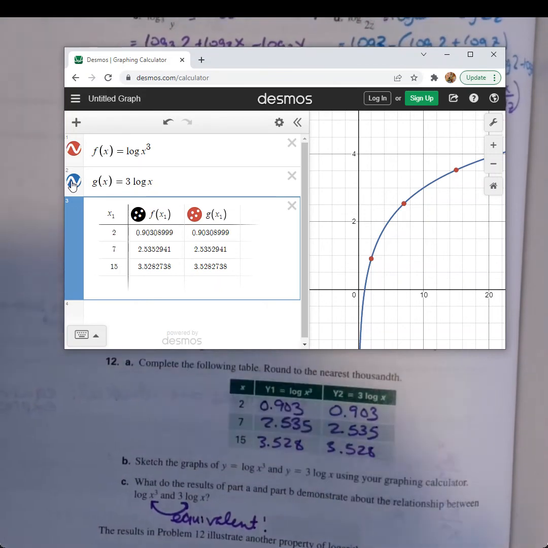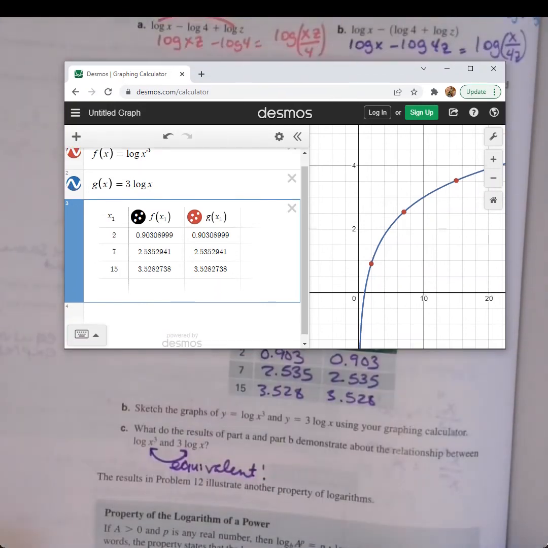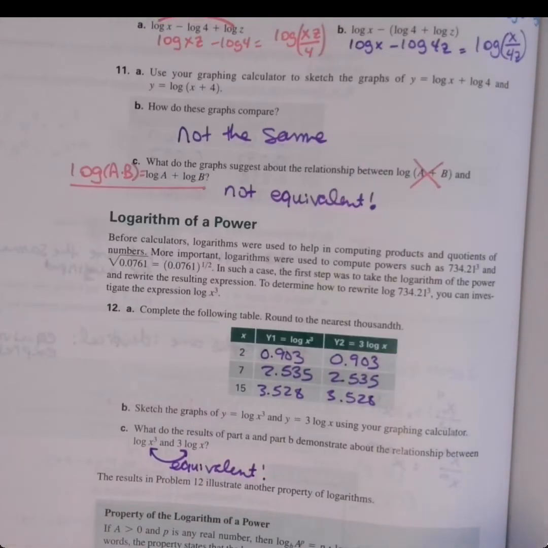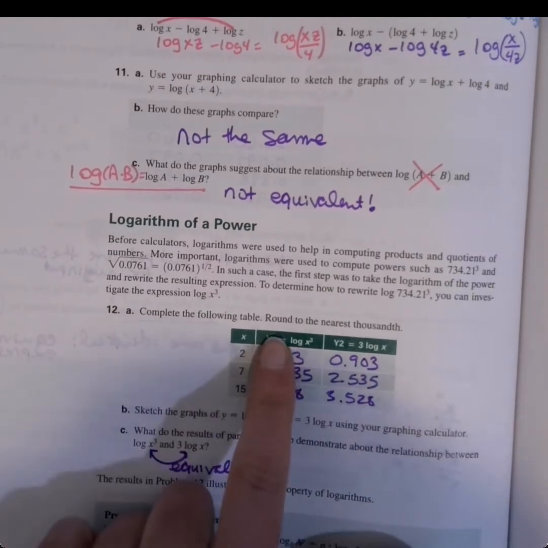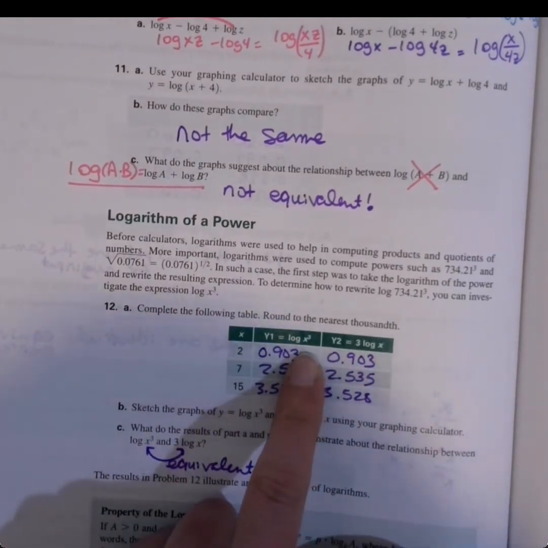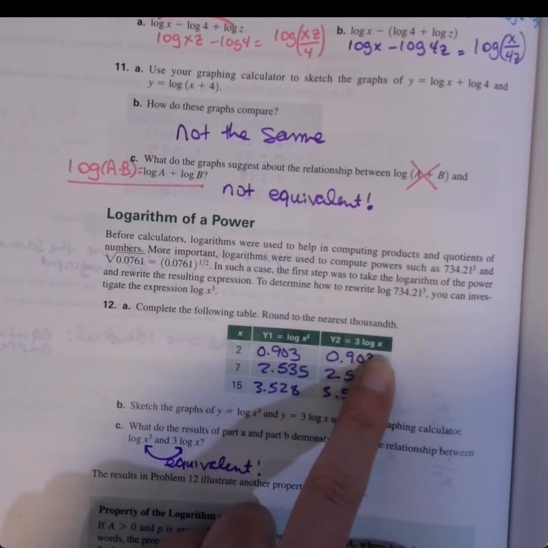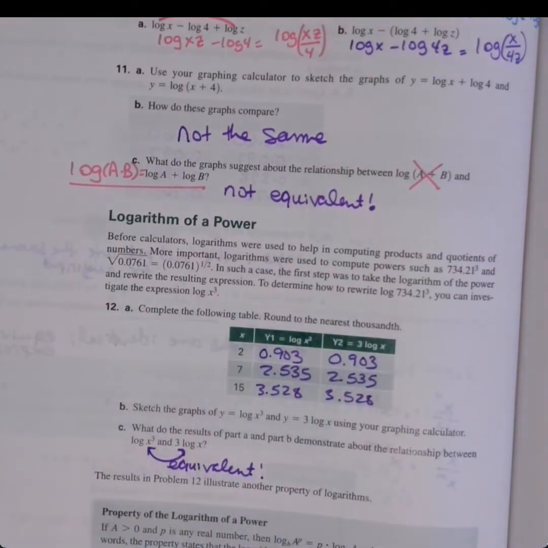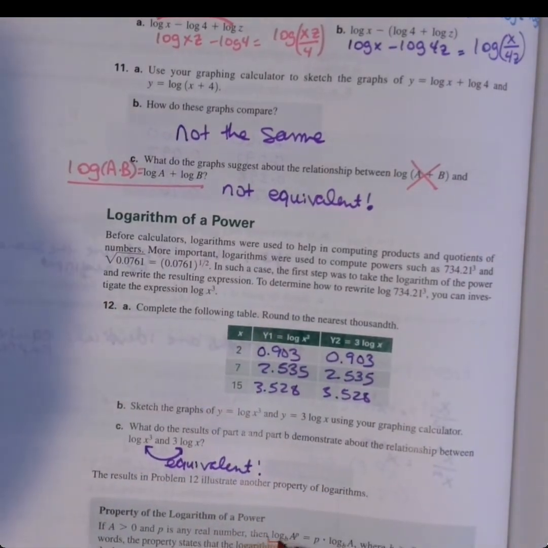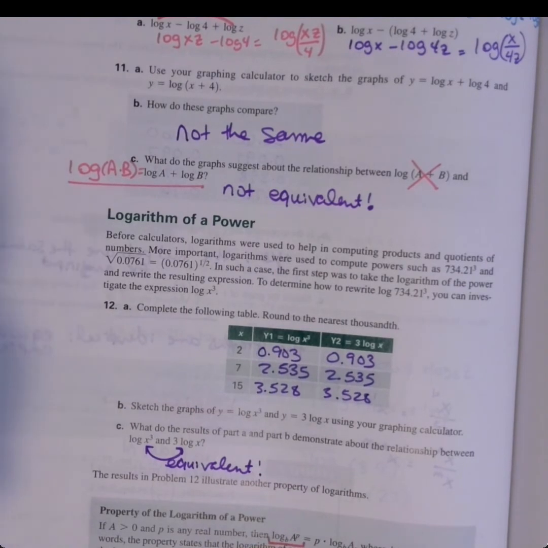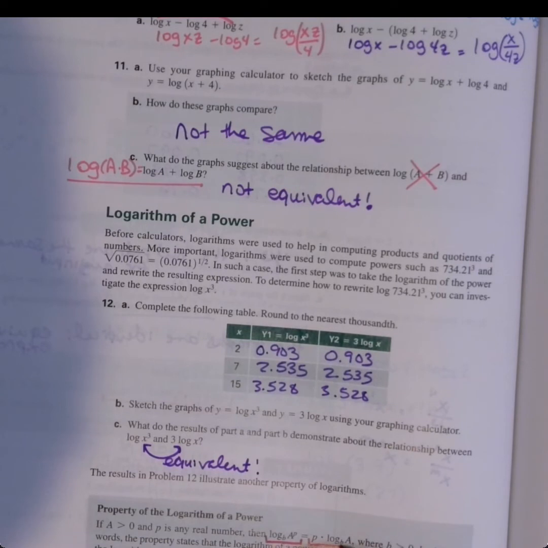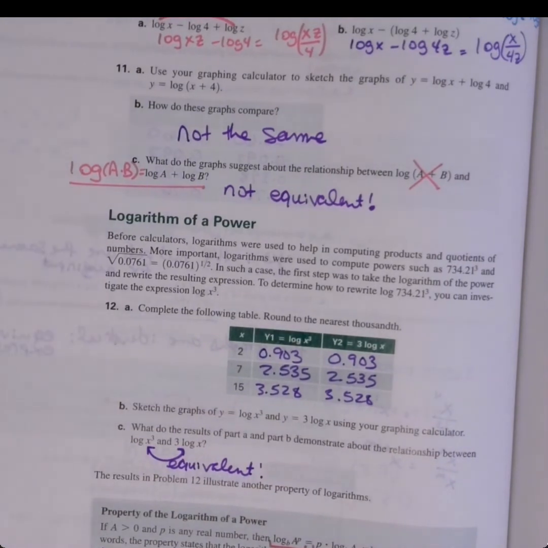Okay, and so that gives us our third property. So log of x to the third is the same thing as 3 times the log of x. So if you have the log base b of a to the p, that power p can be multiplied by the log base b of a.